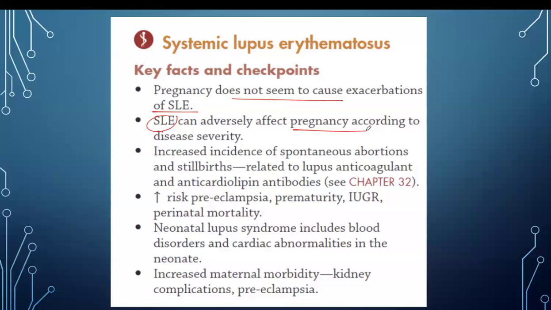It can increase the risk of spontaneous miscarriages, preeclampsia, premature baby, and IUGR. Even babies sometimes can develop neonatal lupus syndrome, where they develop cardiac abnormalities such as heart block.